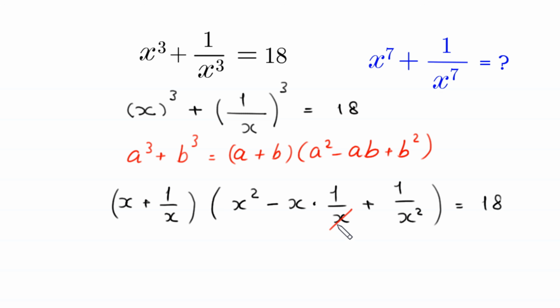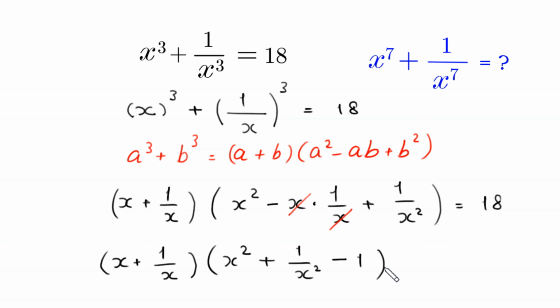Now this x will be cancelled out with this x, and this will become x plus 1 over x times this x squared. Then we write this 1 over x squared plus 1 over x squared minus this 1 is equal to 18.